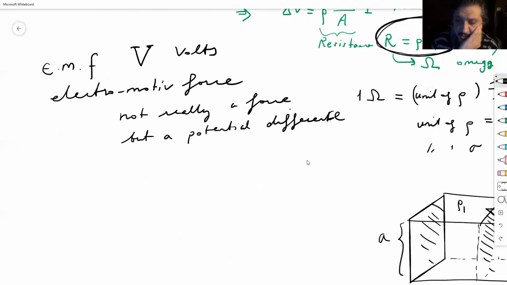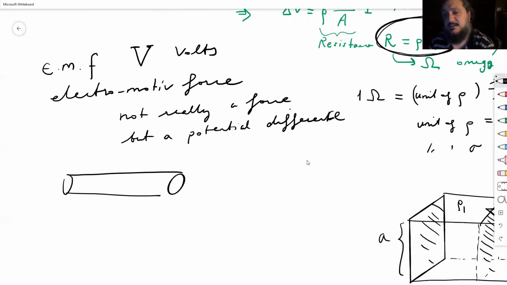Okay, so you have your conductor, cylinder, rectangle, whatever, but you need to supply that charge flow, and that will be done by this EMF, which could be simply a battery. Your car battery, 12-volt car battery, the positive and negative terminals. Yeah, that's what is going to do this job.